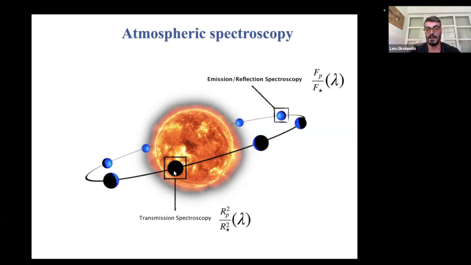So if the planet is eclipsing the star, we call this primary eclipse, and then we can construct a transmission spectrum here, which basically, you see it has the form of what is the fraction of light obscured from the star at this given wavelength. That's simply because sometimes the light penetrates deeper in the atmosphere in some wavelengths and much higher in the atmosphere in other wavelengths. This is how they interact with the constituents of the atmosphere, right?